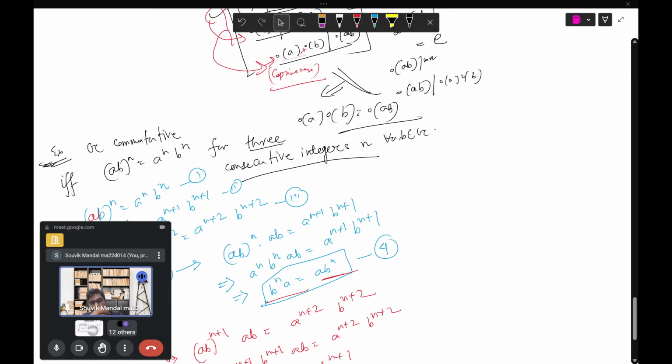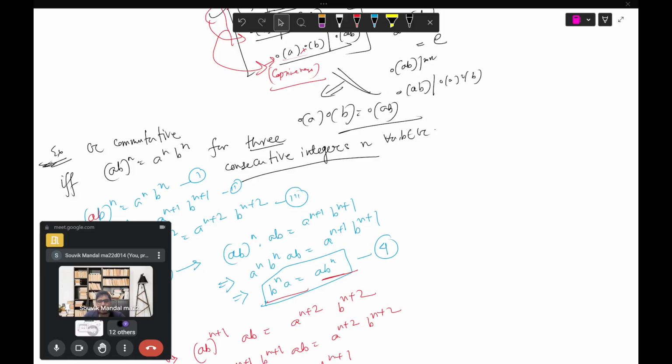Suppose we are assuming that (ab) to the power n is equal to a to the power n, b to the power n for three consecutive integers, then we need to show that G is commutative. That's it. We are doing the reverse direction, so obviously we are assuming existence of three such integers. It is not our business otherwise, because it is given that if these three consecutive integers exist, then G will be commutative. We are assuming the existence of such a thing.